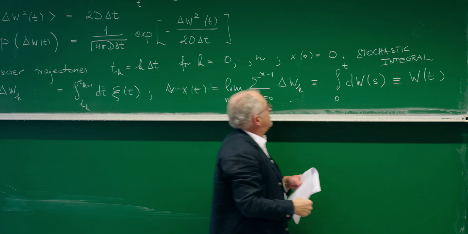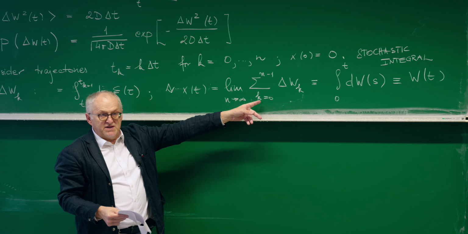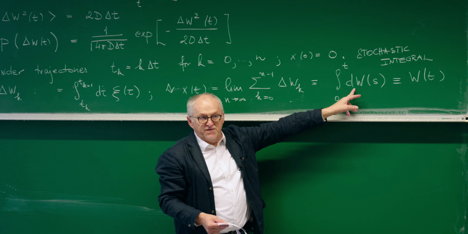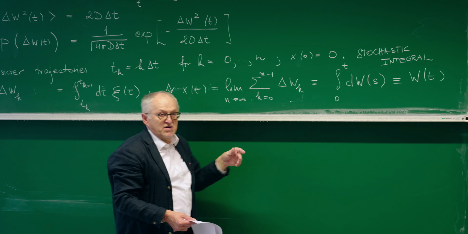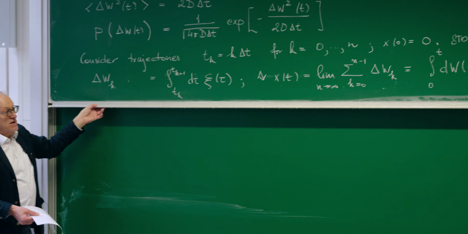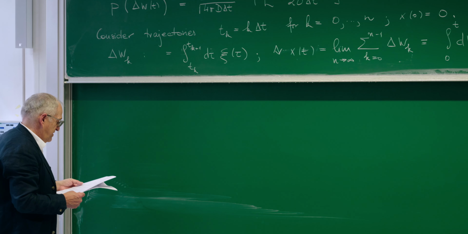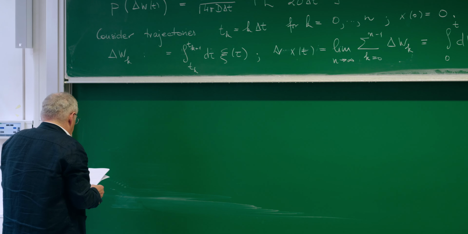It's an integral defined by the left-hand side over this discrete sum over a differential that's a differential of the Wiener increment. It's not a usual type of integral that you know from calculus. It's one that comes in here because we have stochastic variables.